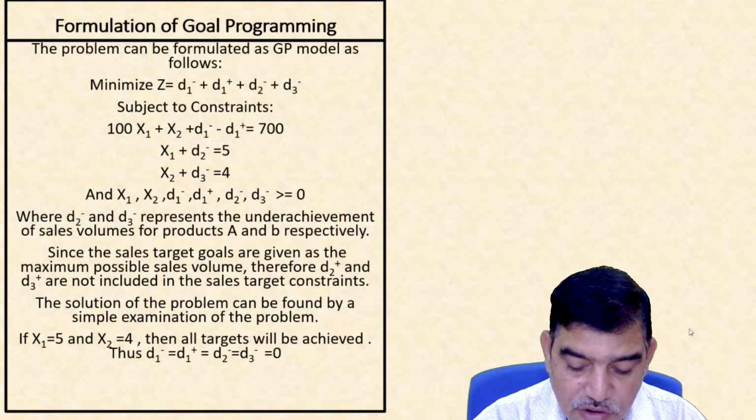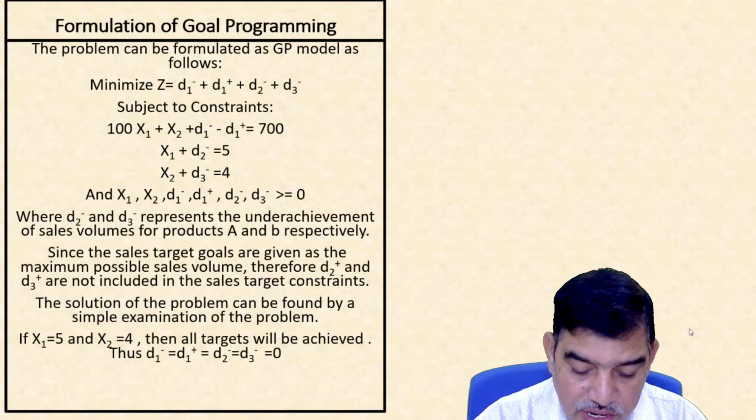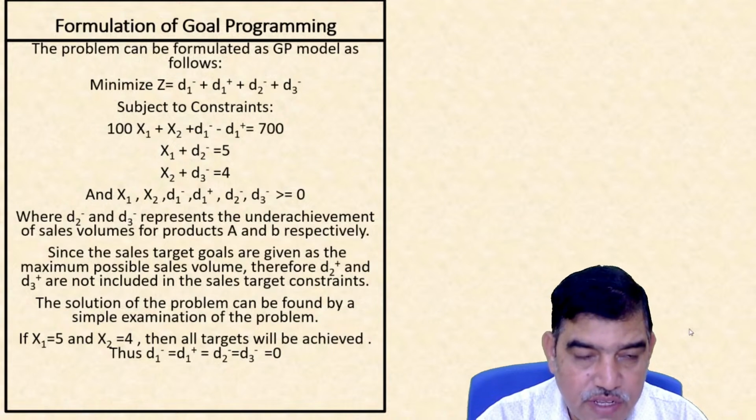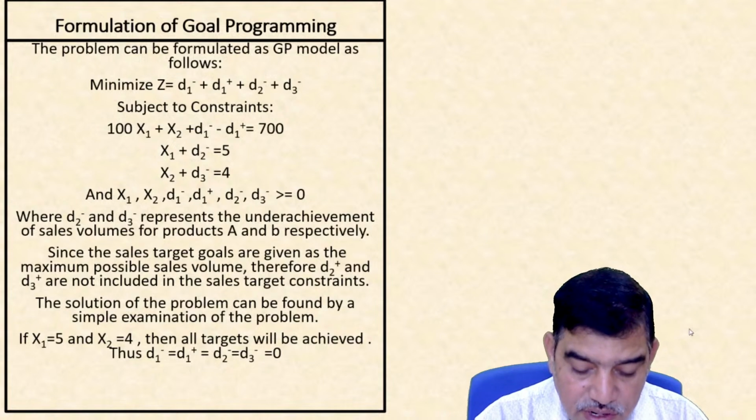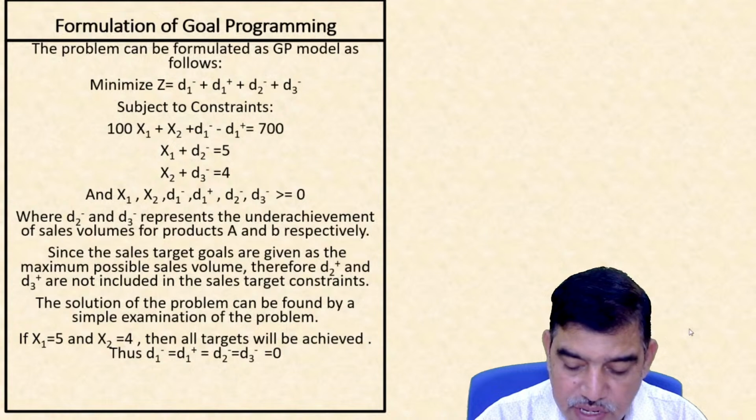So d2 negative indicates underutilization of the total regular full-time salesman hours per month, and d2 positive is overtime given to full-time salesman per month. d3 negative is underutilization of the total regular part-time salesman hours per month, and d3 positive indicates overtime given to the part-time salesman per month.